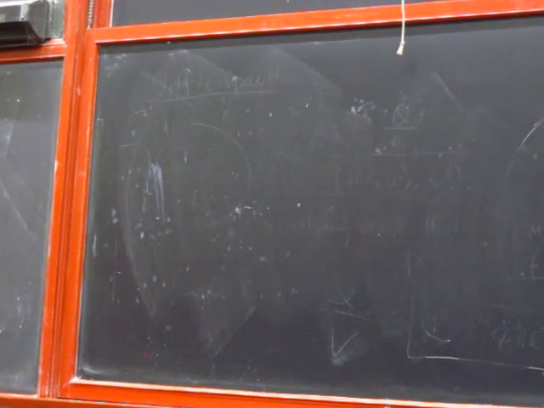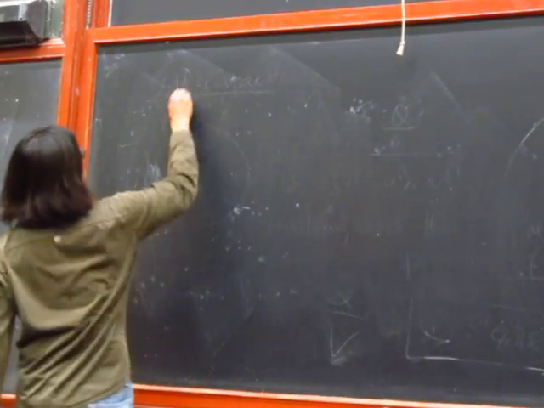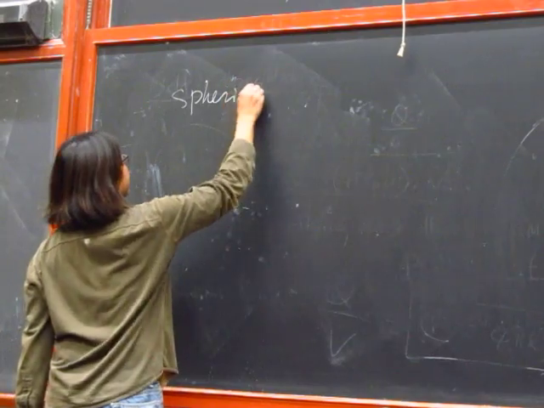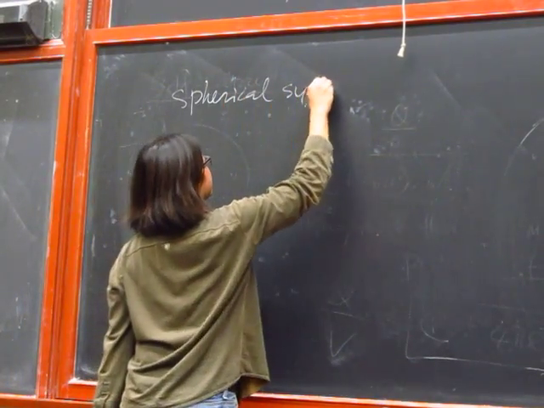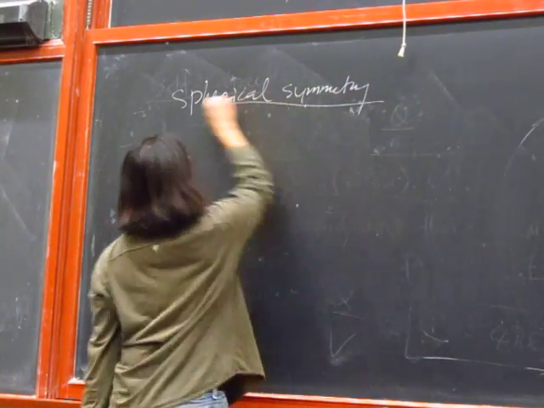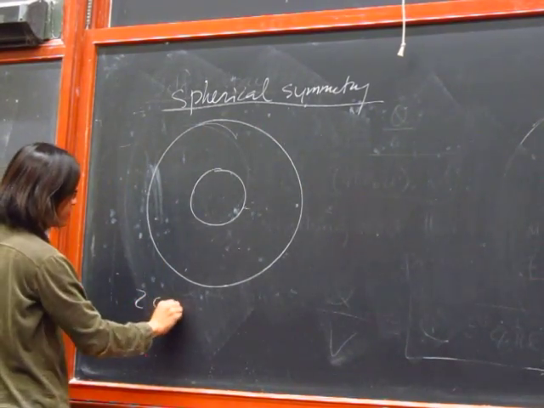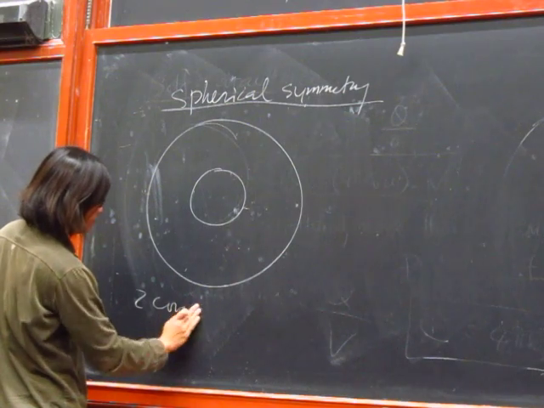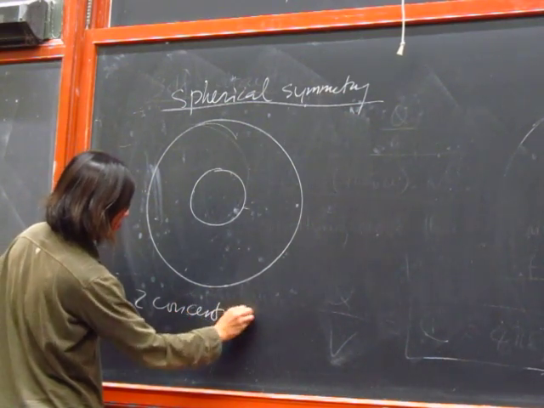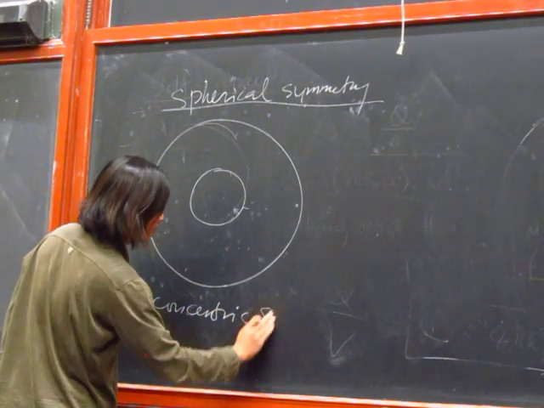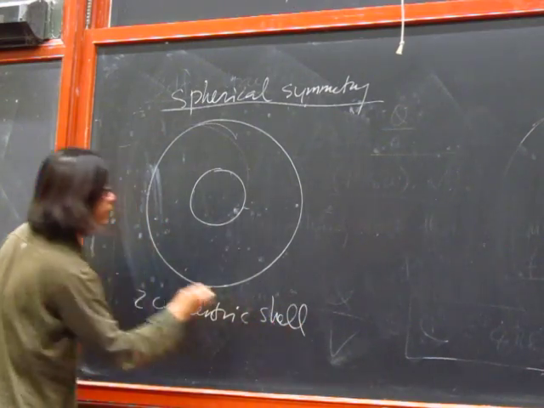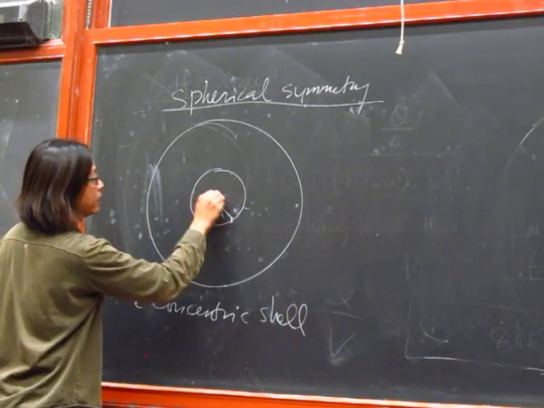If you have spherical symmetry, then you have two concentric shells, with radii RA and RB.